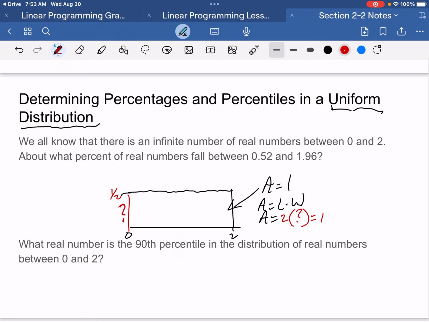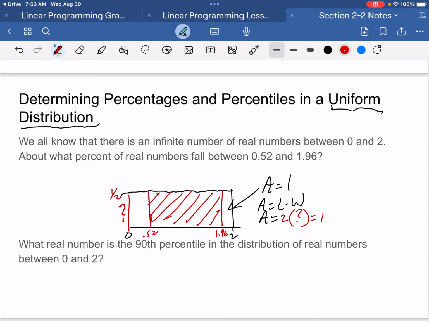Okay, now, listen to the question. What percent of real numbers fall between 0.52 and 1.96? So just picture this. Picture this as 0.52 here and 1.96 here. Well, what they're asking me to do is find out what percentage of the entire rectangle is between 0.52 and 1.96.